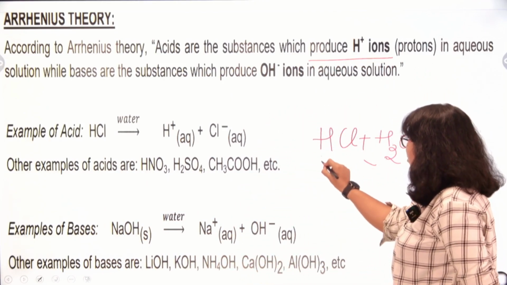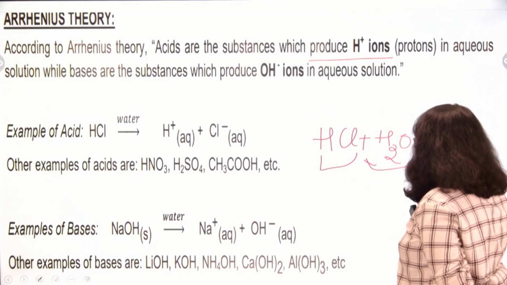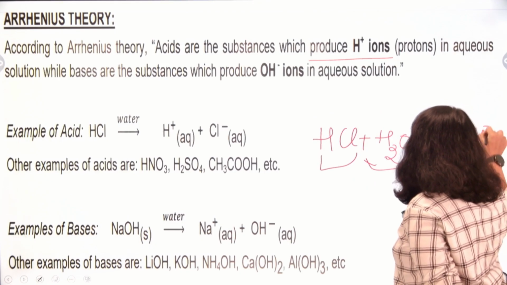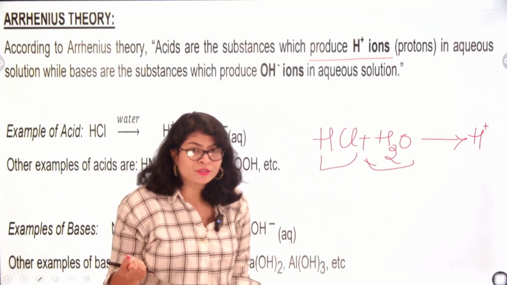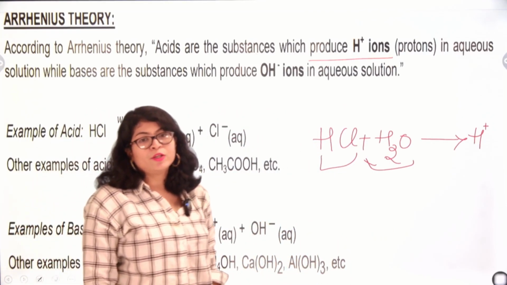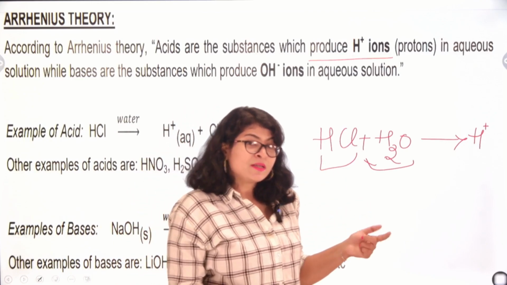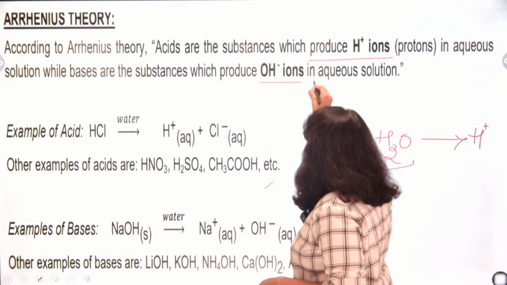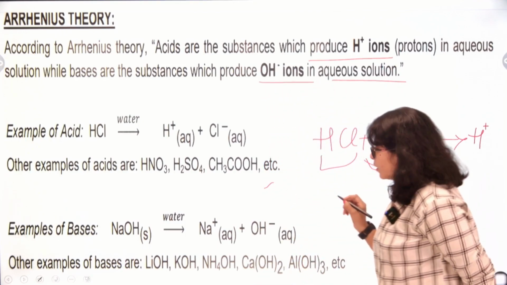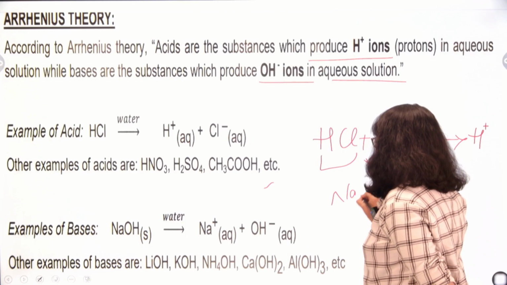So when I am dissolving HCl in water, if there is liberation of H+, if in the medium I find any possibility of H+ donation, then they fall under the category of acids, and bases are those substances which produce OH- in their aqueous solution. Let's say I am taking NaOH.